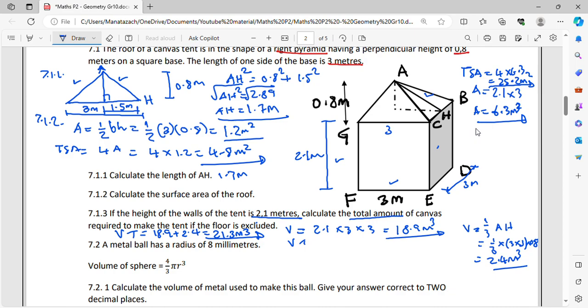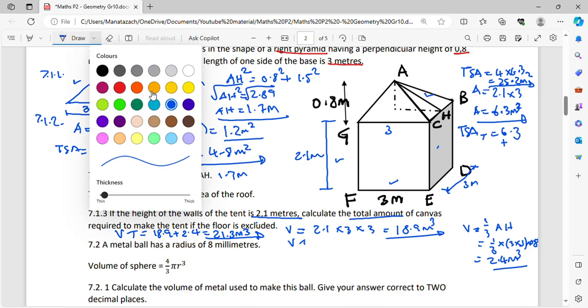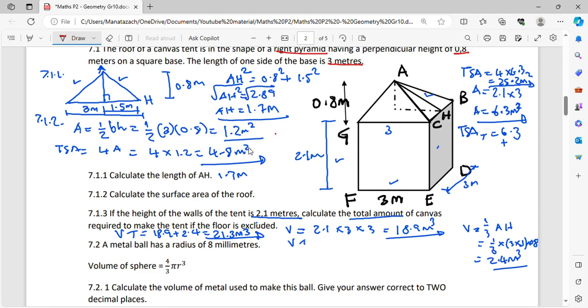So if you want to calculate the total surface area for the walls and the roof, you can just say TSA total is going to be 6.3 for the walls, plus, remember, we've already worked out for the roof on the previous question. This was the total surface area for the roof, so we'll add it here, 4.8.